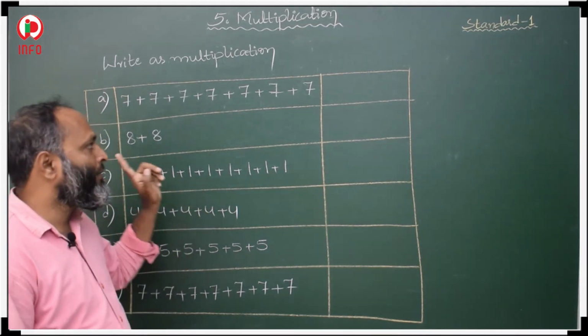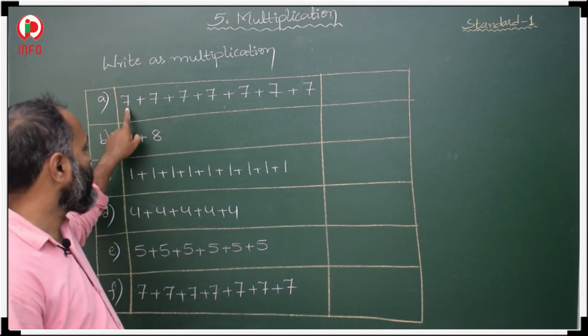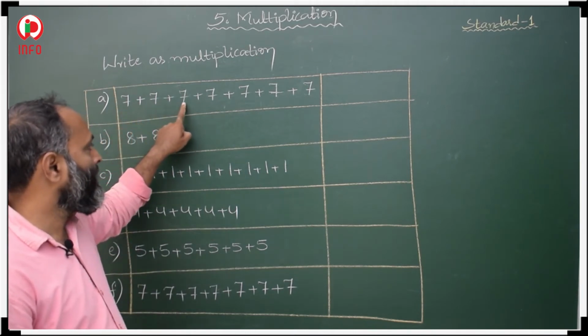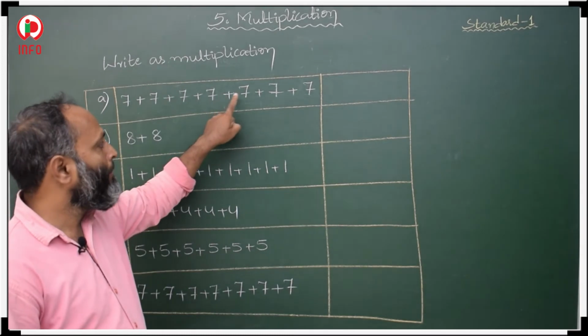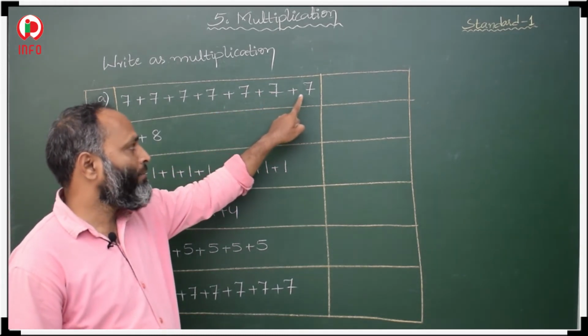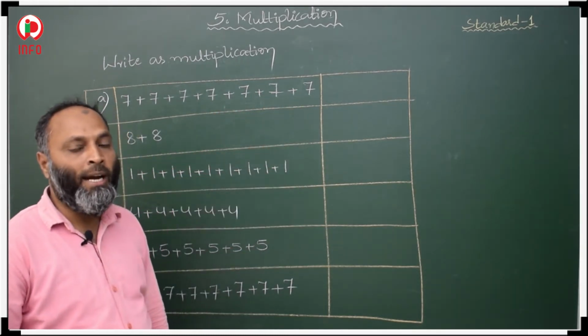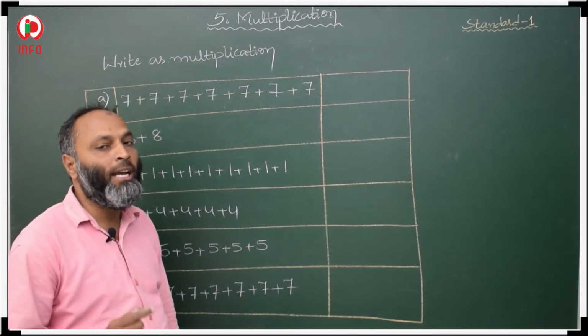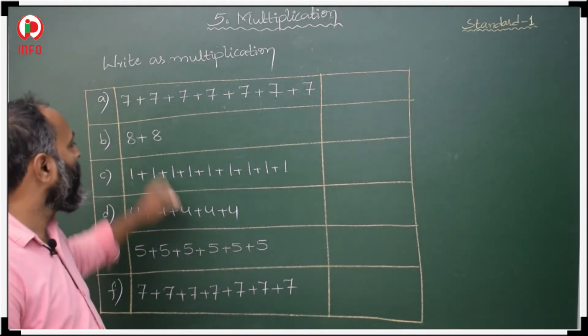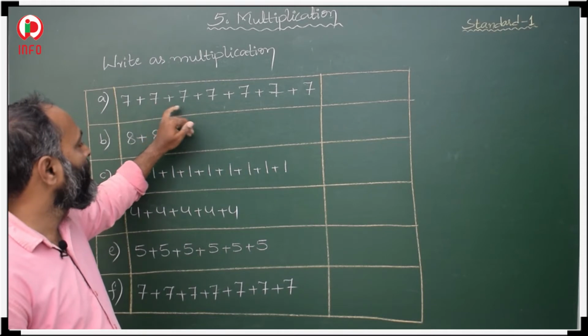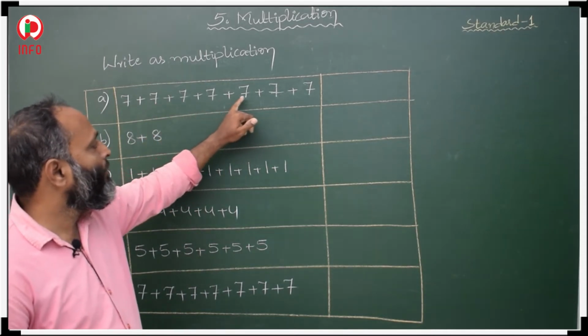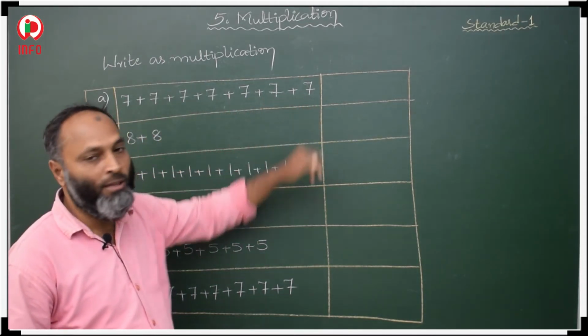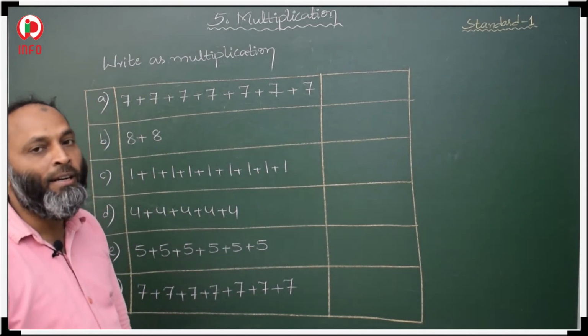So what is there in the first problem? See here: 7 plus 7 plus 7 plus 7 plus 7 plus 7 plus 7. 7 is added. How many times is 7 added here? 1, 2, 3, 4, 5, 6, 7. 7 is added 7 times.